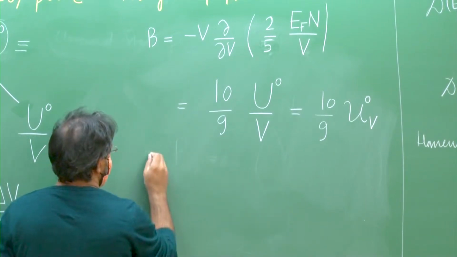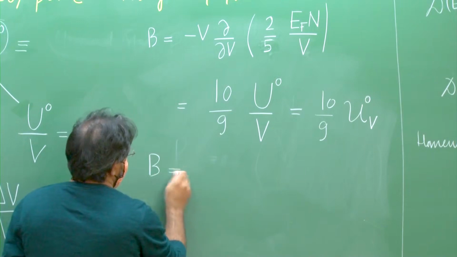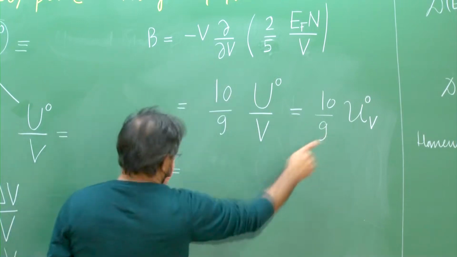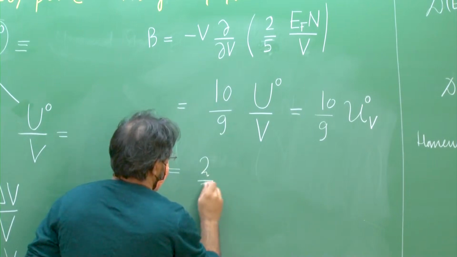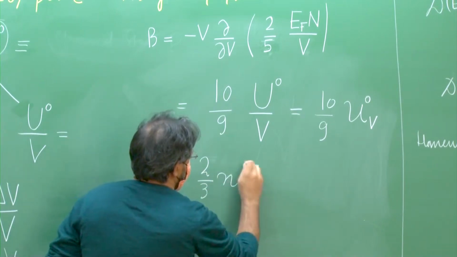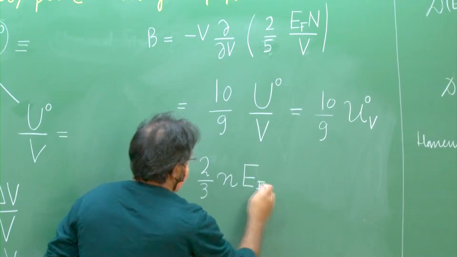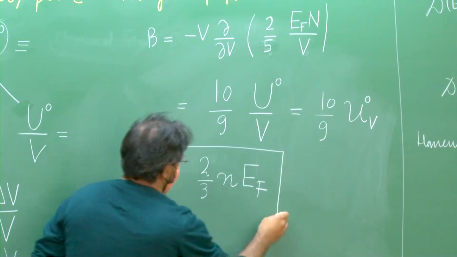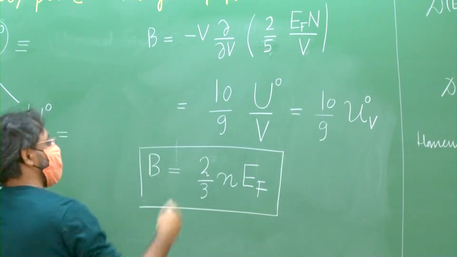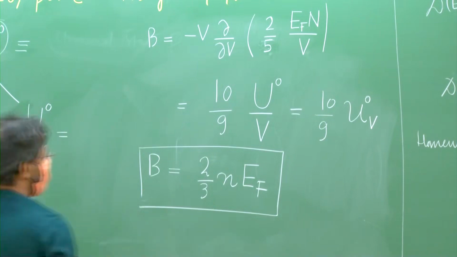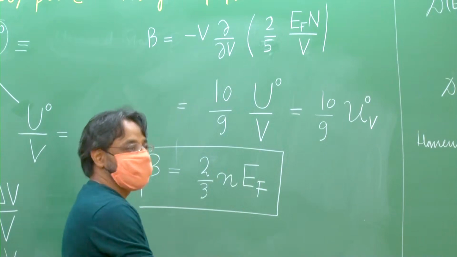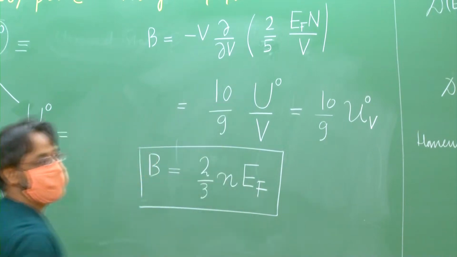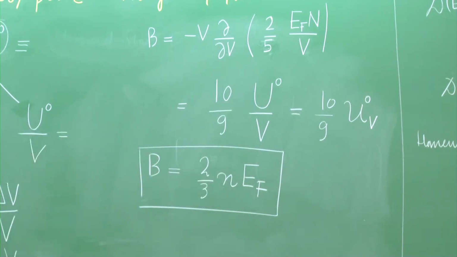So you can also write B. In an exam you can be asked to prove that B is equal to this, or you may be asked to prove that B is equal to 2 by 3 n EF, or you may be asked a series of questions, with part A saying write EF in terms of u naught, derive the first relation, then after that the pressure for the electron gas and the bulk modulus and so on. So it looks very dry.